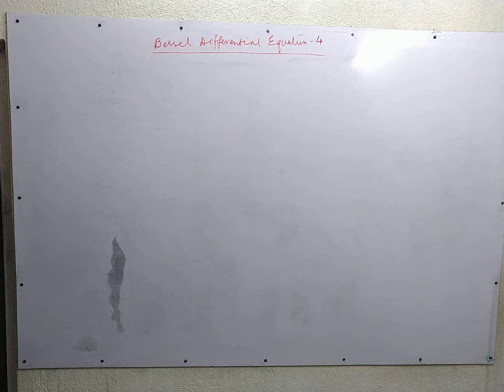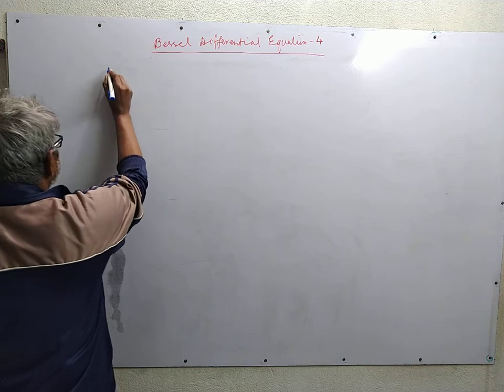In the earlier class, we have used the generating function of Bessel function, which is applicable for Bessel function of integral orders only, and used to find out the recurrence relation for Bessel function of different orders.